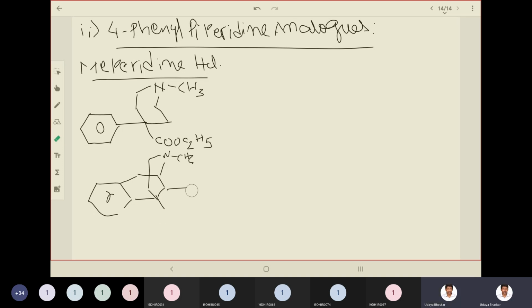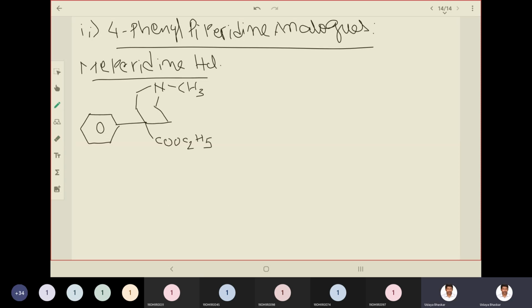We are removing this cycle, and we are removing this one also, and we retained this cycle. Got it? And you have a substituent here, COOC2H5. This is how you need to remember. This is the meperidine series. Fine.